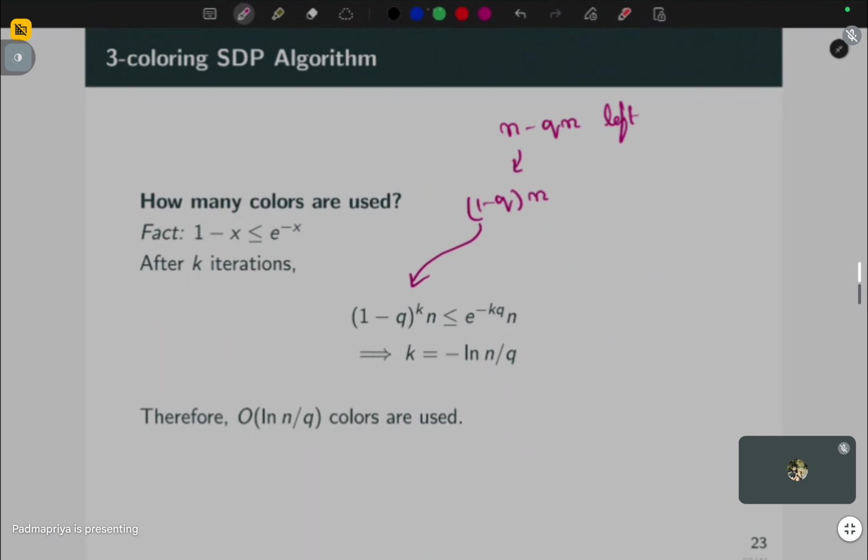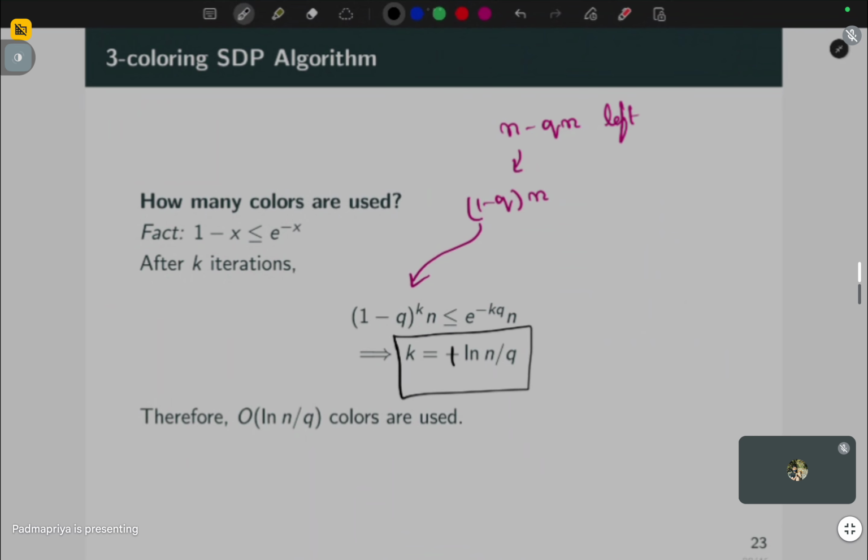So after k iterations, you'll have (1 minus q) to the power of k times n vertices left. It's a fact that 1 minus x is less than or equal to e to the power of minus x. This gives us the value of k as ln n by q. So I think the minus is a typo.